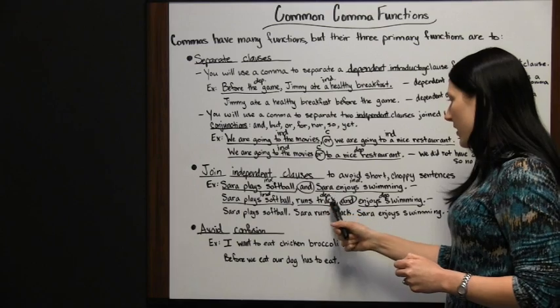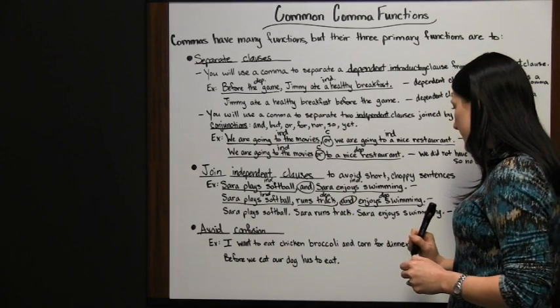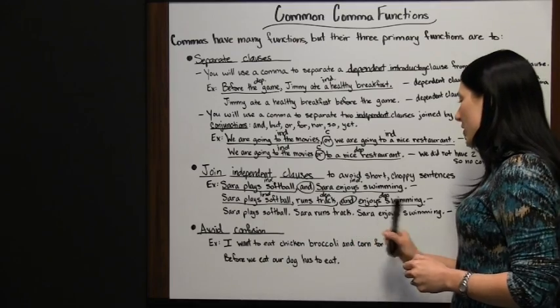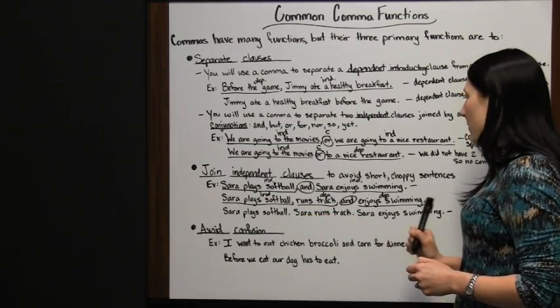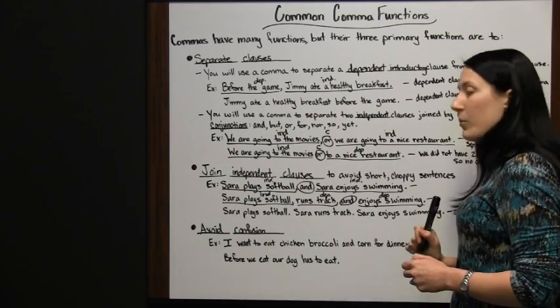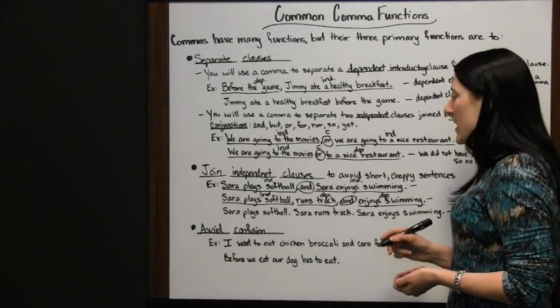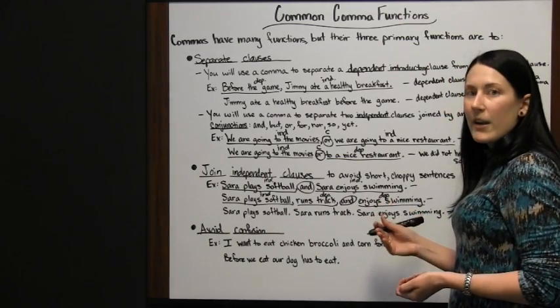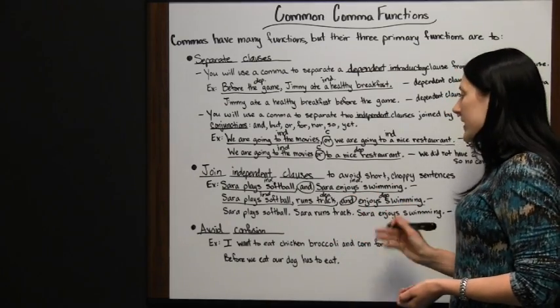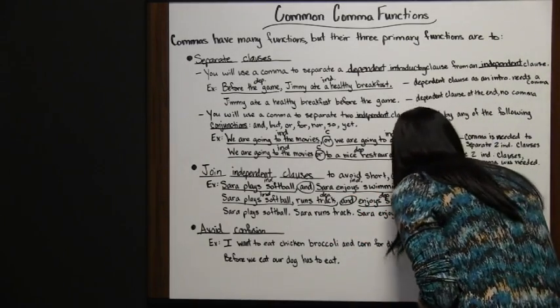Sarah plays softball, runs track, and enjoys swimming. Well, we had dependent clauses here, but we still had a conjunction. The reason we're going to put commas here is because you've got three or more items in a series. If you list three or more items or clauses, activities in a series, you're going to separate them with commas.